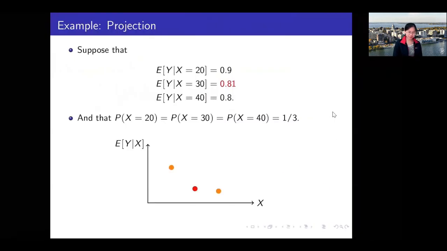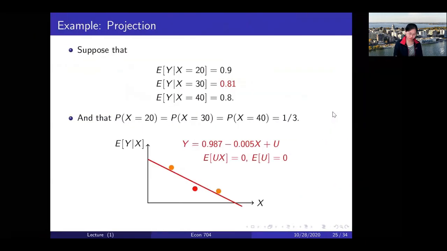Now, if you go back to the simple example we considered where x takes 3 values, we got 3 points on the space of E[y given x]. And these 3 points are not on a straight line, but you can draw a straight line that is close to all 3 points in such a way that it minimizes the approximation error, the expected square of the approximation error.